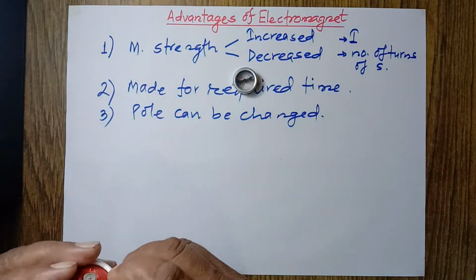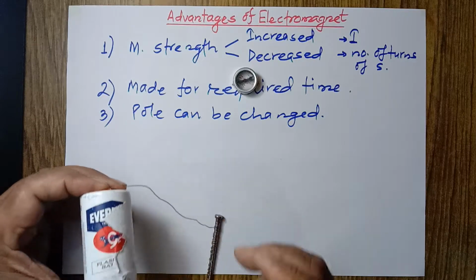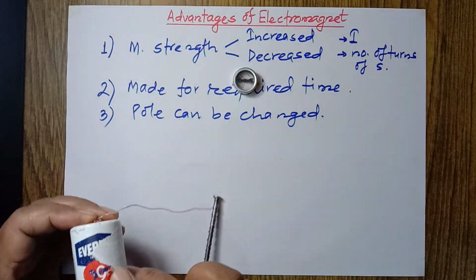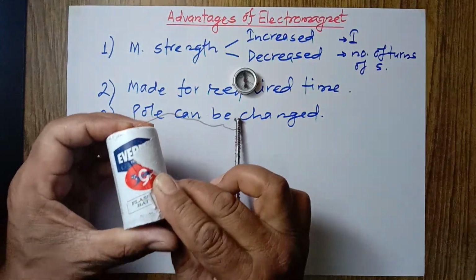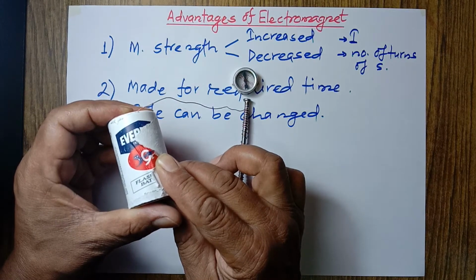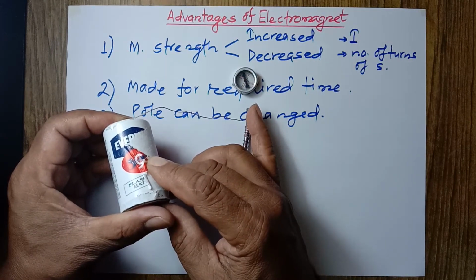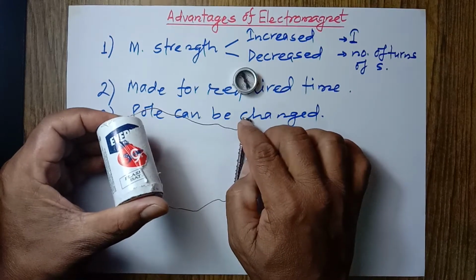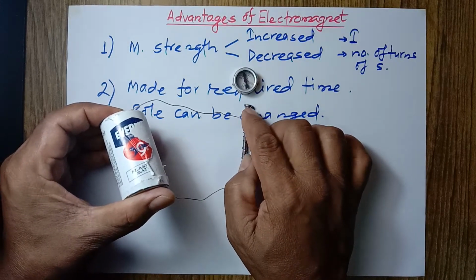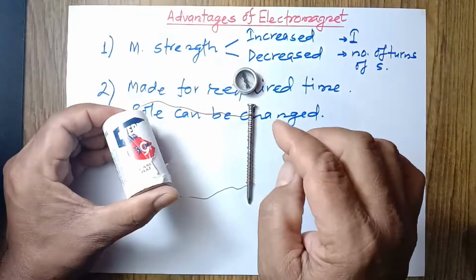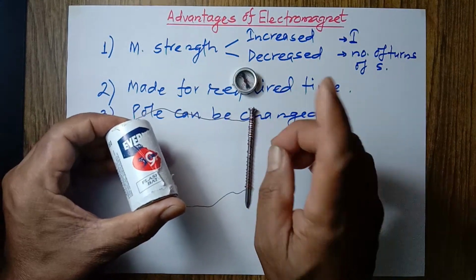Now if I make a magnet like this and take it near to it, look, the south pole is attracted. It means this part, the head of the nail, becomes north pole. The same head which has north pole can be converted to south pole. How?